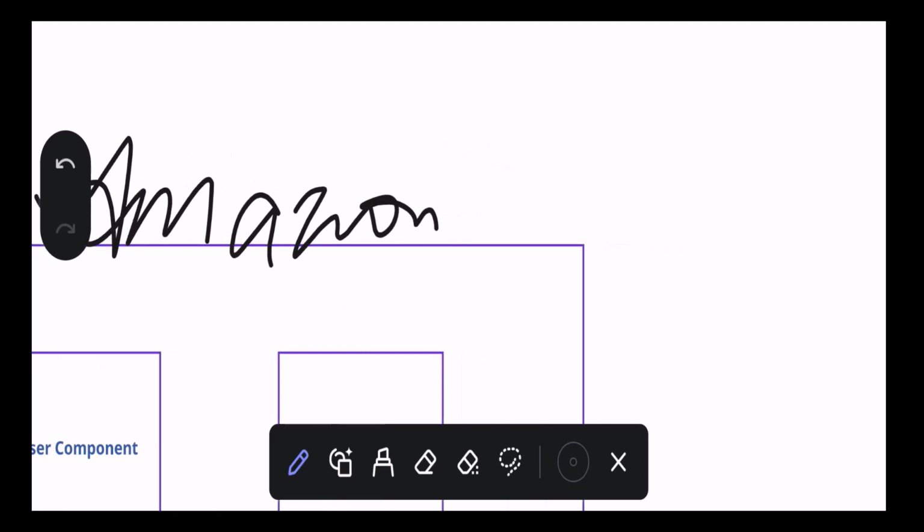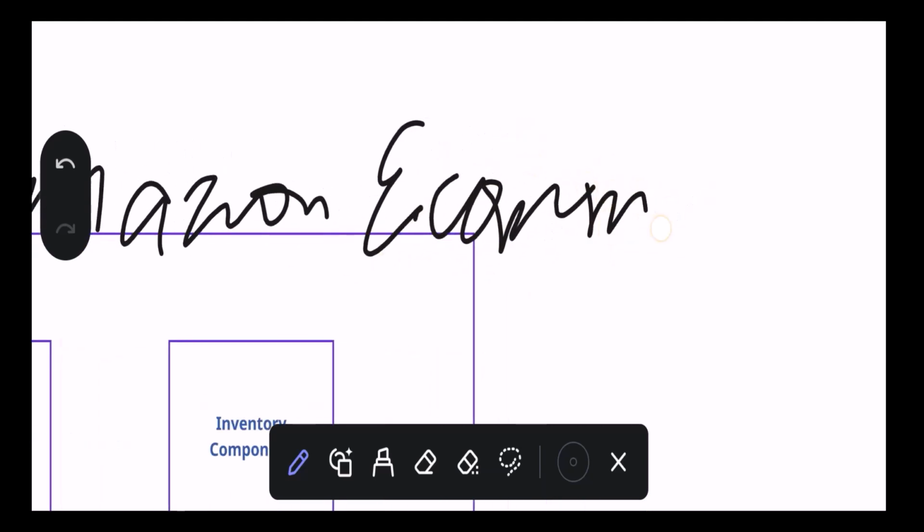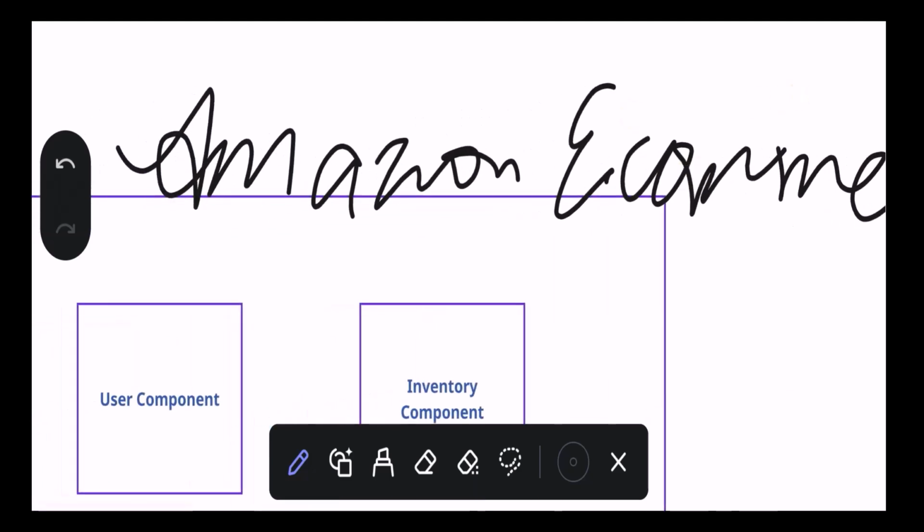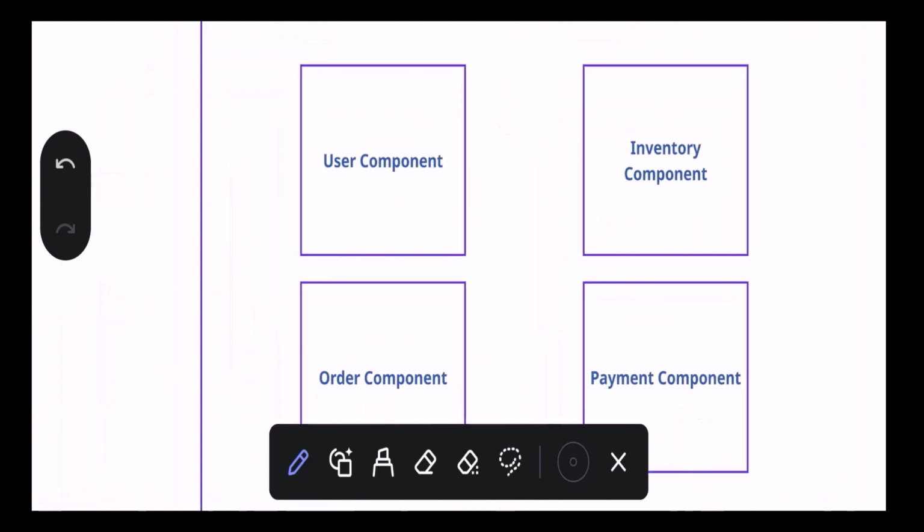And we know that the Amazon e-commerce system is actually a microservices architecture where we have multiple services, as I told you in the previous section of the video, like a user service for managing the users, and a search service.